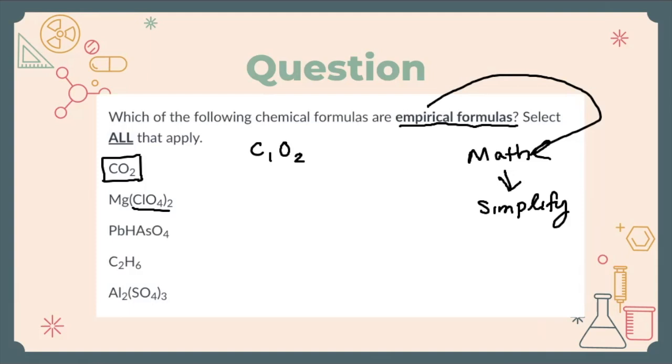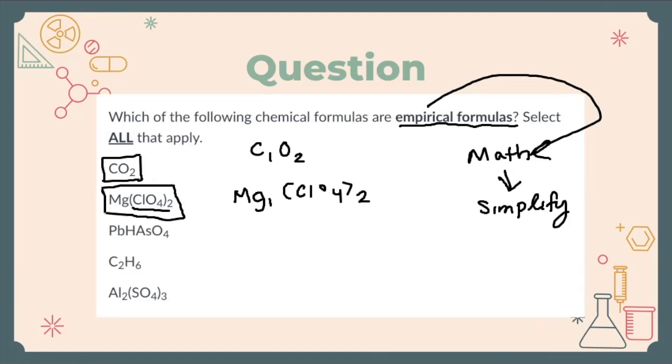So essentially what you're looking at is Mg1, then ClO4 2. So again, similar situation to what we had above. We have 1 and 2. And again, that cannot be divided any further. And so we know that Mg, or magnesium perchlorate, is in fact in empirical format.